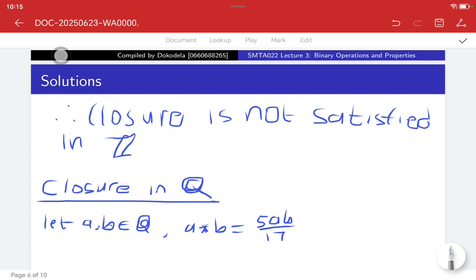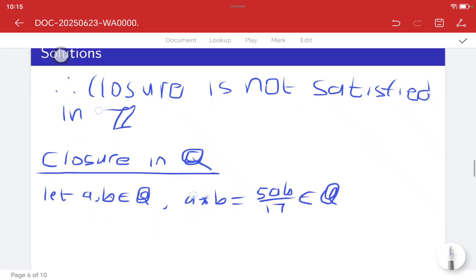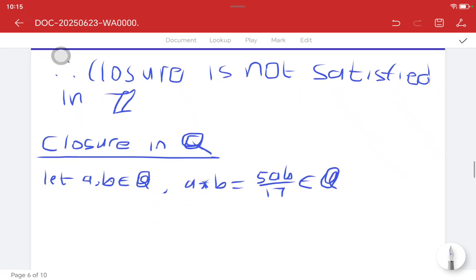Do you agree that this will always be an element of a rational number? Yes, because rational numbers are the ones which have A over B. So there's no need for us to check by a counterexample on this one, because it's correct.